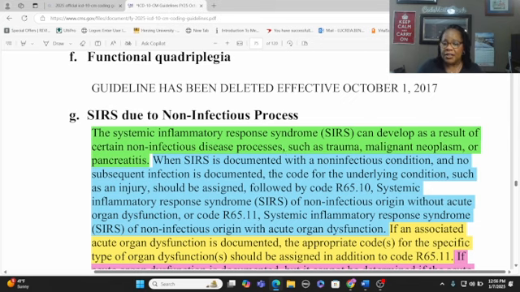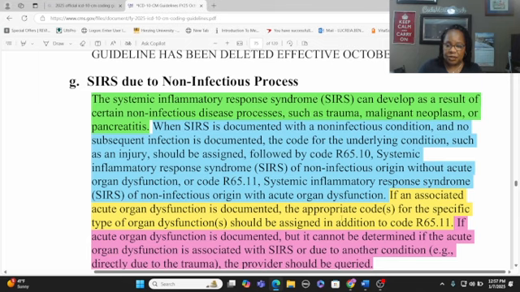When SIRS is documented with a non-infectious condition and no subsequent infection is documented, the code for the underlying condition, such as an injury, should be assigned, followed by code R65.10 for systemic inflammatory response syndrome of non-infectious origin without acute organ dysfunction, or code R65.11 systemic inflammatory response syndrome of non-infectious origin with acute organ dysfunction.